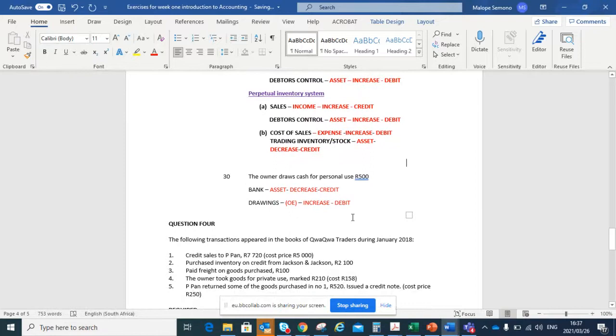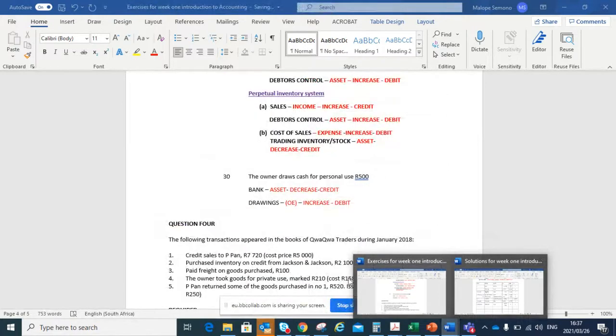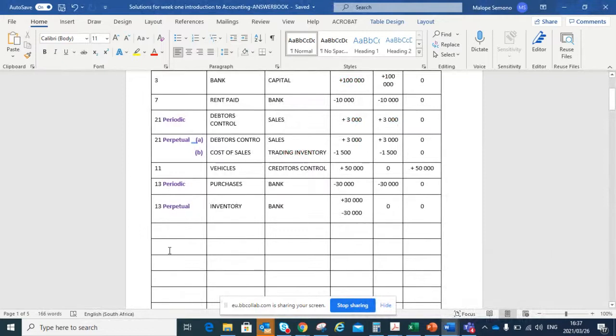Okay, so now I can go and affect. Just tell me which columns will I affect, guys? The date is the 30th. I'm going to debit drawings and credit bank.